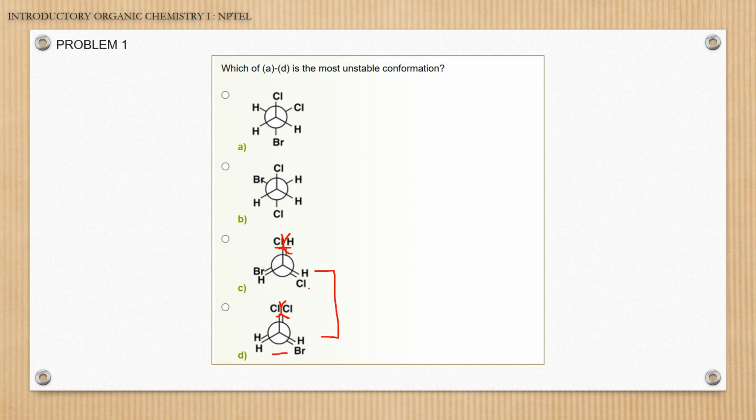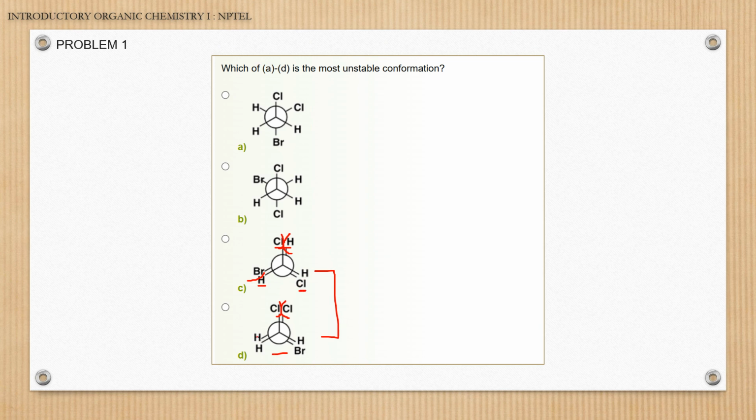Is it clear to all of you why D is more unstable? Because here, chlorine is present in close proximity with this hydrogen, bromine is facing steric repulsion because of this hydrogen, and again chlorine is facing repulsion from this hydrogen.